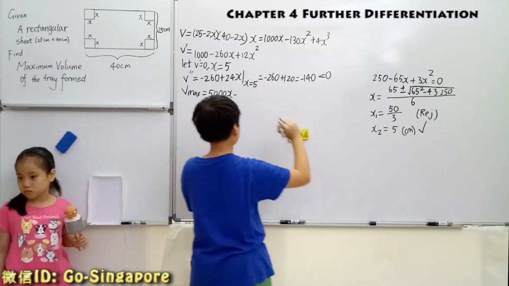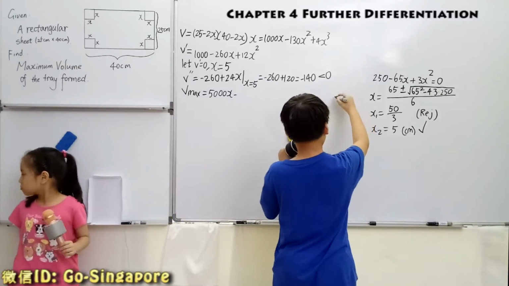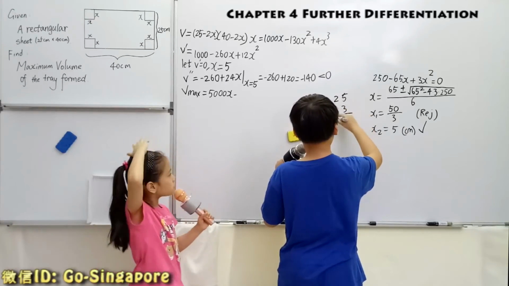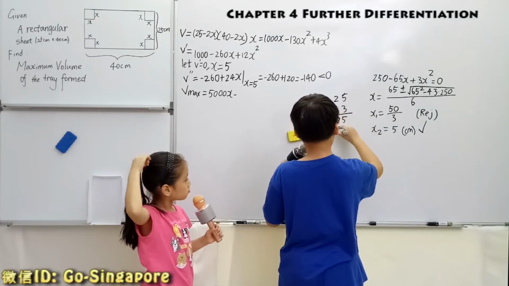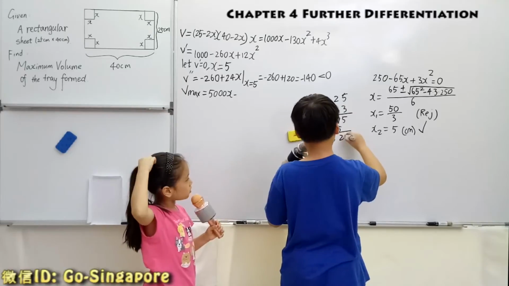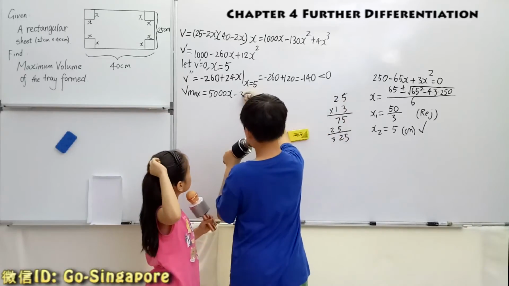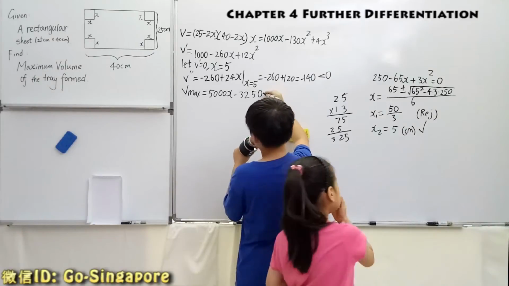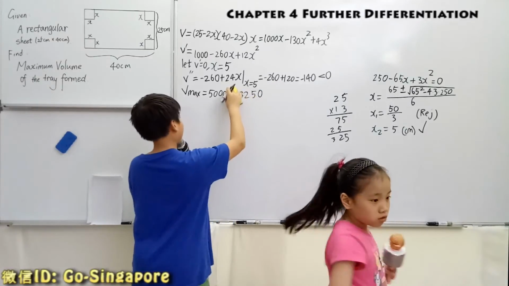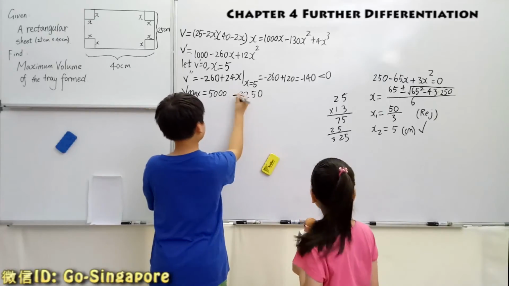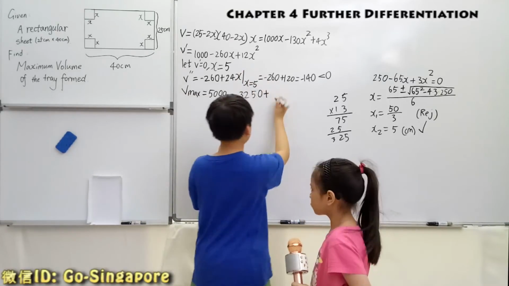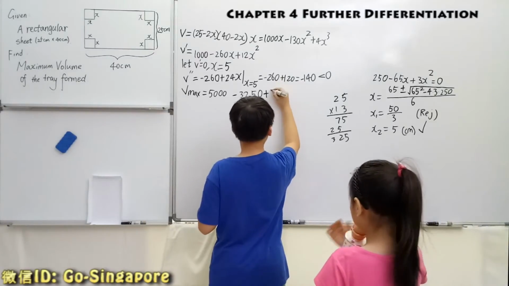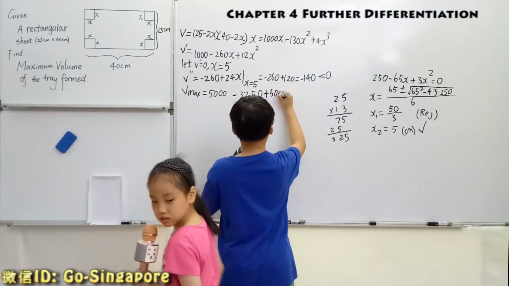So right now you need to know what is 25 times 13. Remember, this is 3250. This is 3250, then you need to add 4 times 125. 4 times 125 is 500.